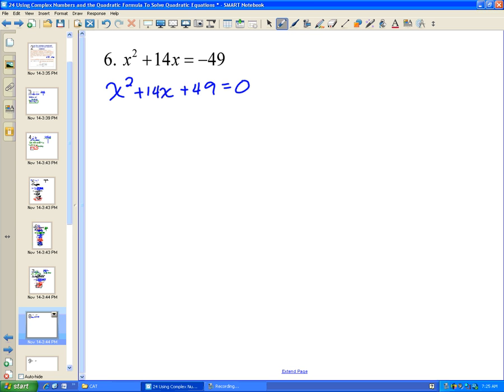The nice thing is, again, I want to start by factoring, but I notice that x squared is a perfect square, 49 is a perfect square, and I can see this is x and a 7. x times 7 times 2 is 14x. So I can quickly say this is x plus 7 squared, which is equal to 0. And since it's a double root, I can solve this for x. x plus 7 is equal to 0, so x is equal to negative 7.